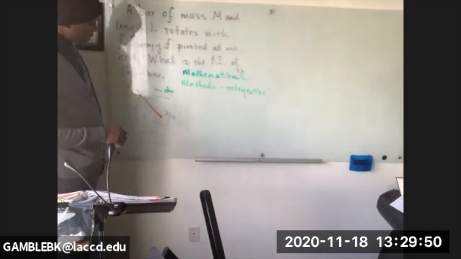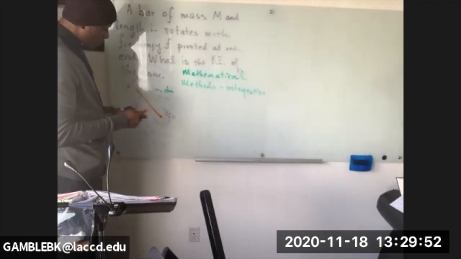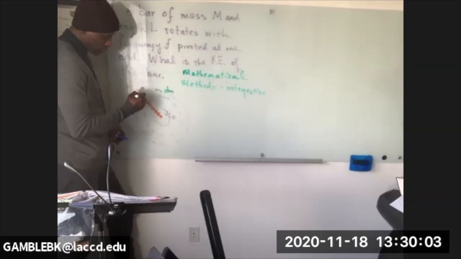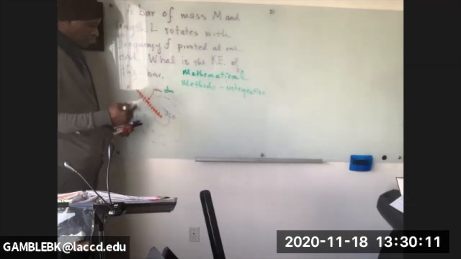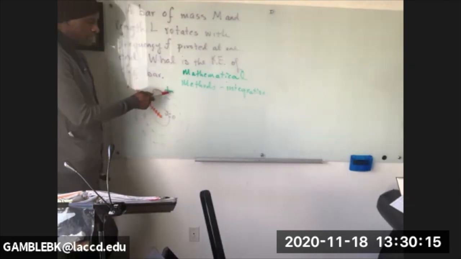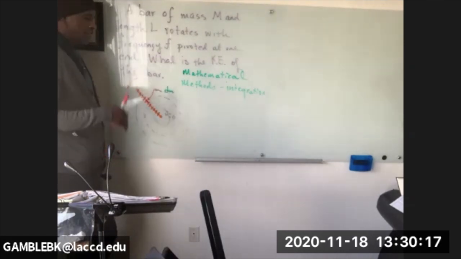Well, in that case, I could break up this bar into pieces. So the differential mass would be just that little part, the dm. So in terms of one-dimensional geometry, it's not volume I'm using, it's linear mass density.